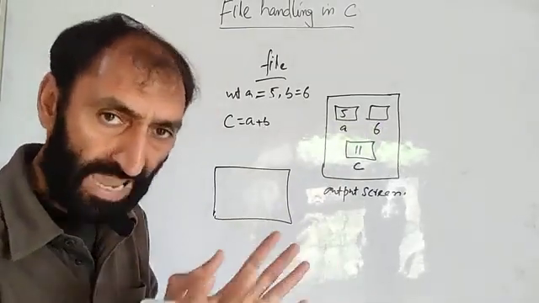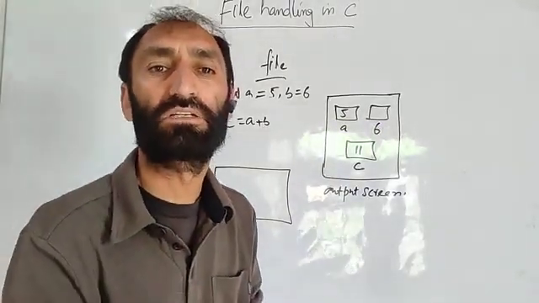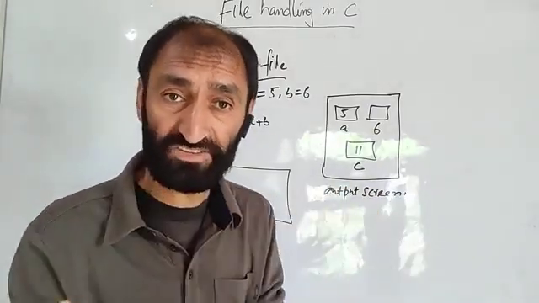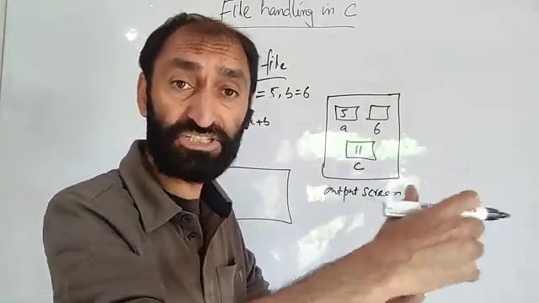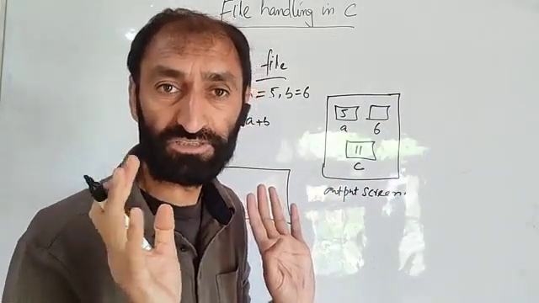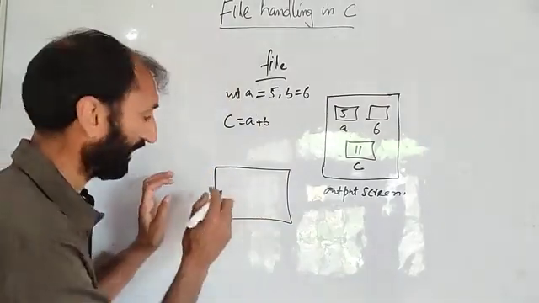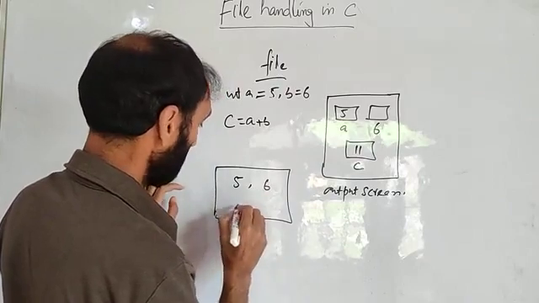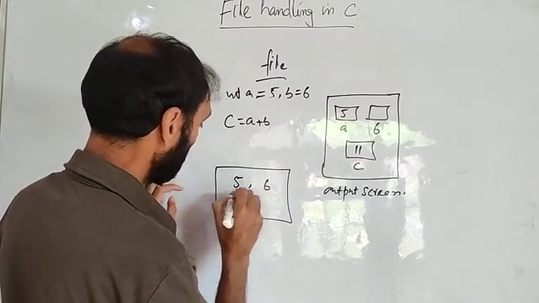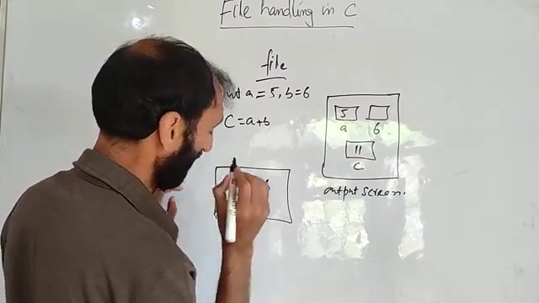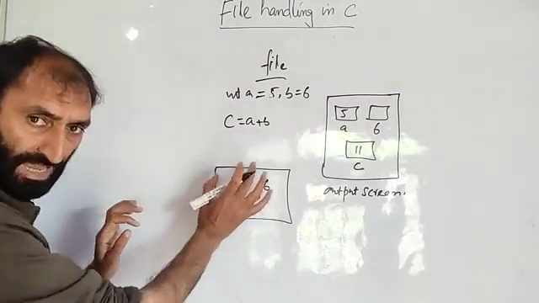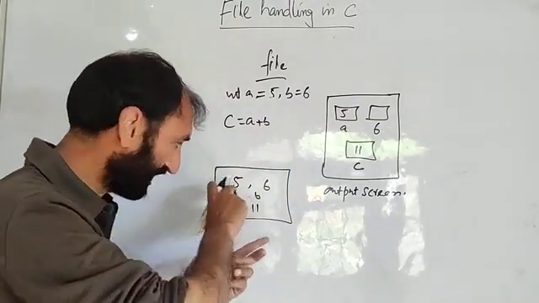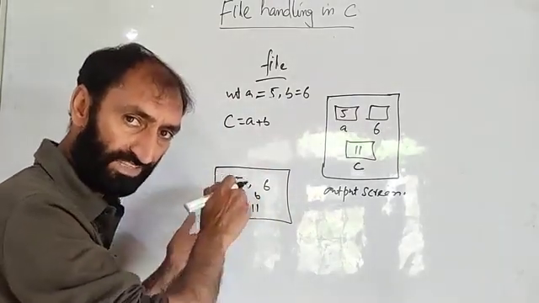But we know that main memory is volatile in nature. The main memory retains data so far as there is electricity. As soon as the electricity is switched off, the data gets erased. That means if I write in the main memory, for example, a is 5, b is 6, and c equal to 11, it will retain these instructions, these data, so far as there is electricity.